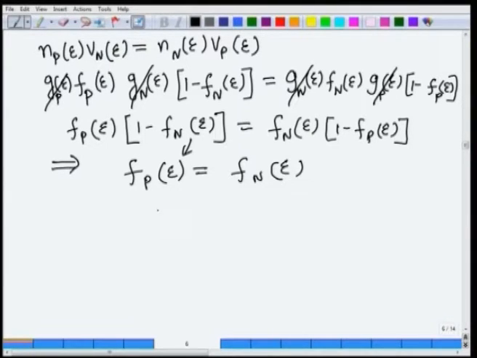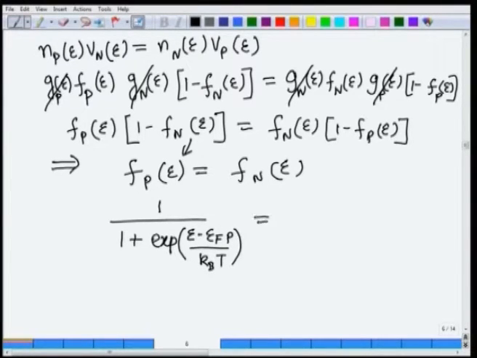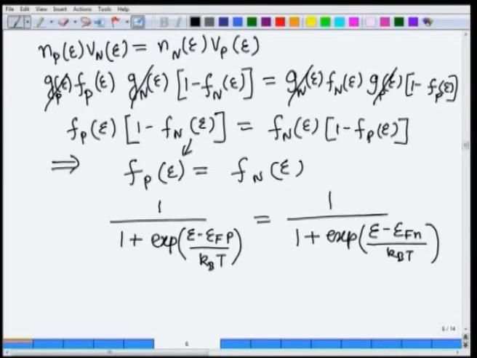The Fermi-Dirac function is written as 1 over 1 plus exp of (E minus E_FP) by kBT, which should be equal to 1 over 1 plus exp of (E minus E_Fn) by kBT.